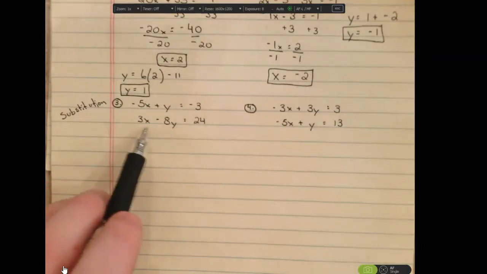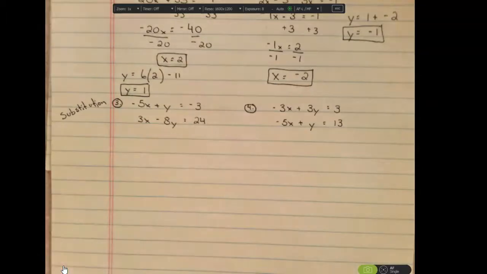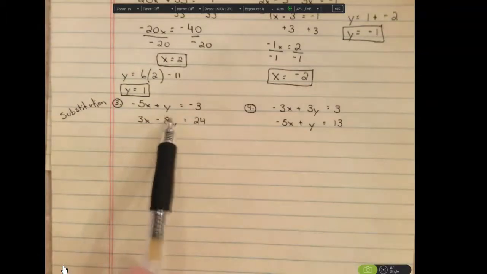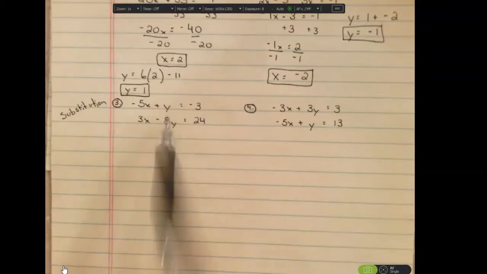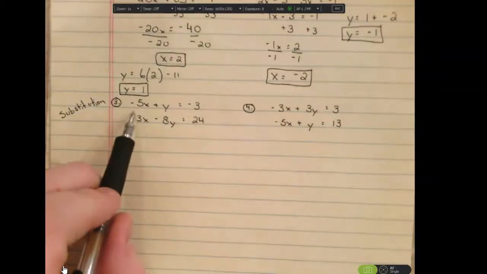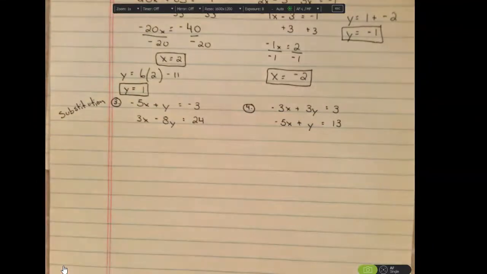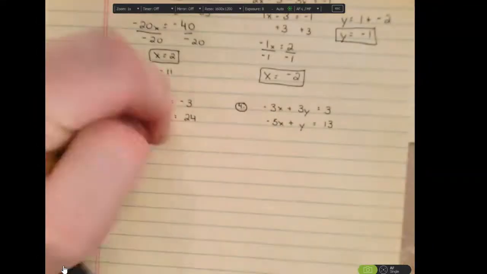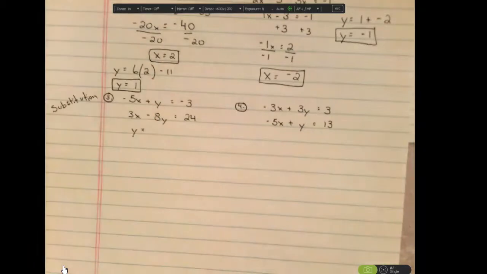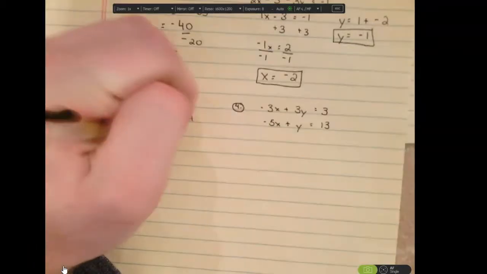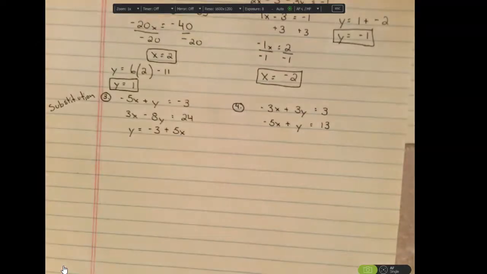And I've also got 3x minus 8y equals 24. There's nothing with my y. So this variable I'm going to try and get by itself. So I'm going to add that 5x to the other side. And by doing so, I get y equals -3 plus 5x.